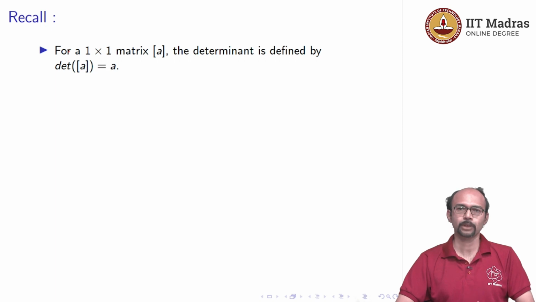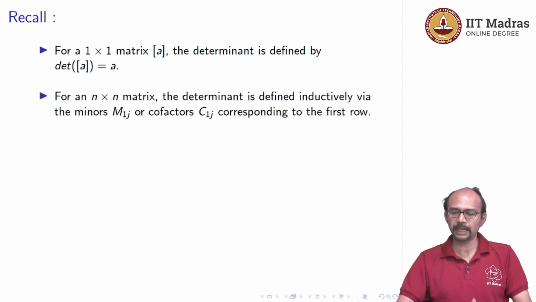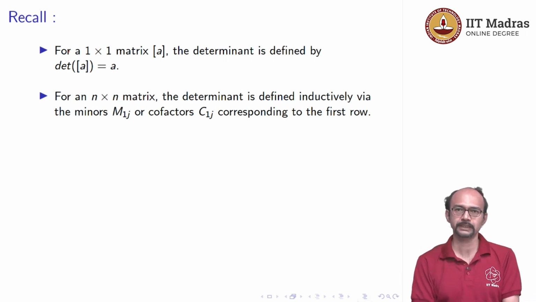So, we have defined for a 1 by 1 matrix that the determinant of the matrix A is just the number A. And then we have seen that for an n by n matrix, the determinant is defined inductively. So, we did the definition explicitly for 2 by 2 and 3 by 3, and then I showed for 4 by 4 how I can use a 3 by 3 definition.